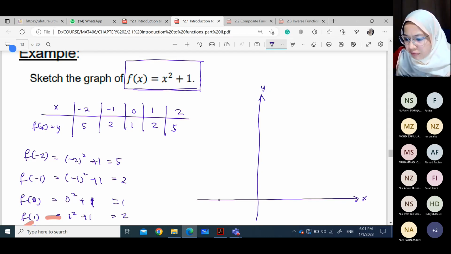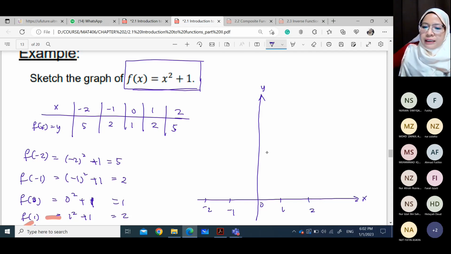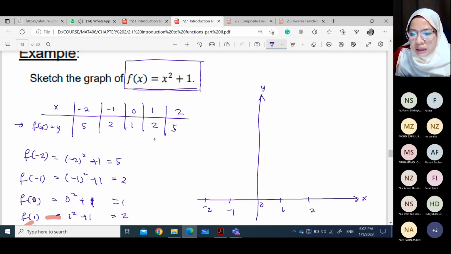So x negative 2, negative 1, so 0 dekat sini, 1, 2. Okay, so untuk y, kita di sini y 5, 2, 1, 2, 5. Okay, so 0, 1, 2, 3, 4, and 5.